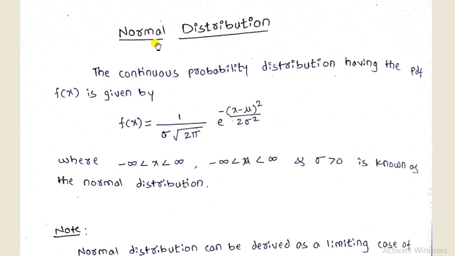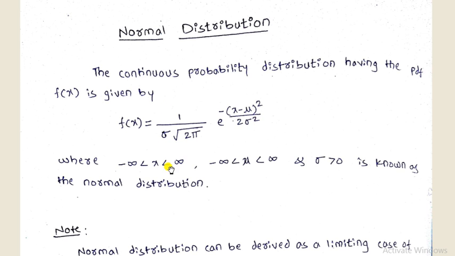Fourth type is normal distribution. The continuous probability distribution having the probability density function f of x is given by f of x equal to 1 divided by sigma into square root of 2 pi into e to the power minus (x minus mu) whole square divided by 2 sigma square.